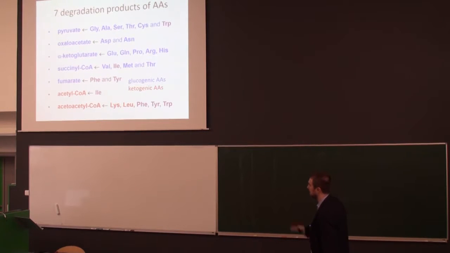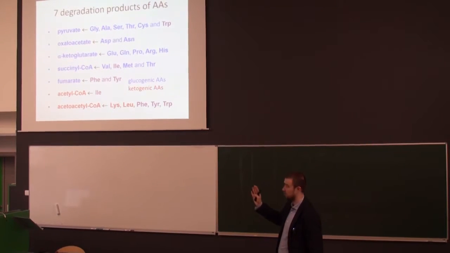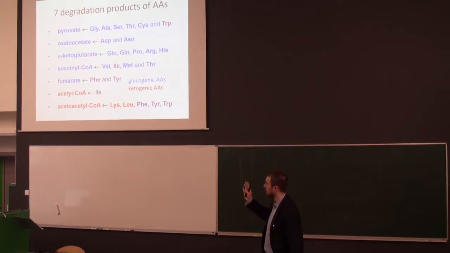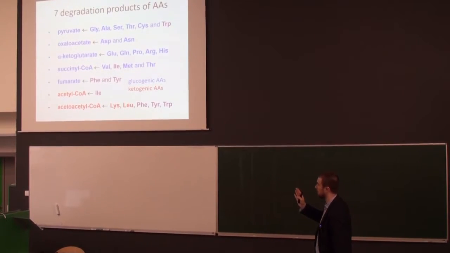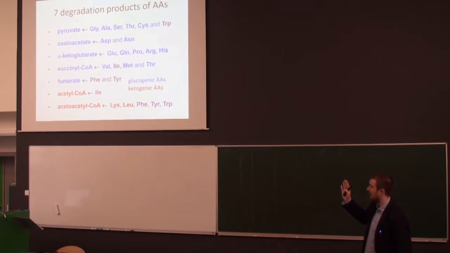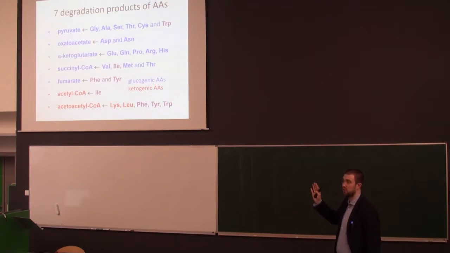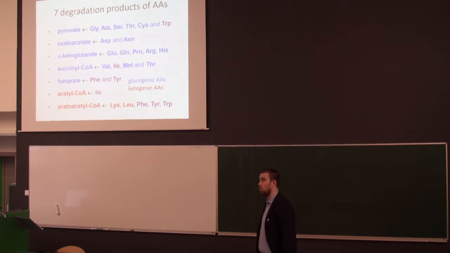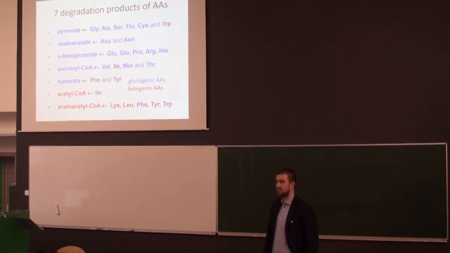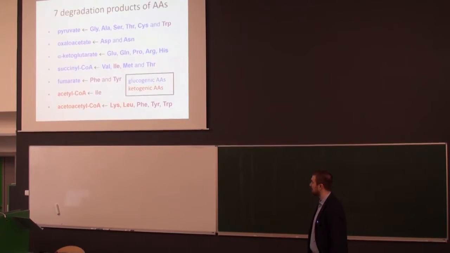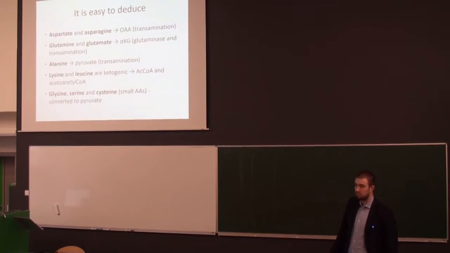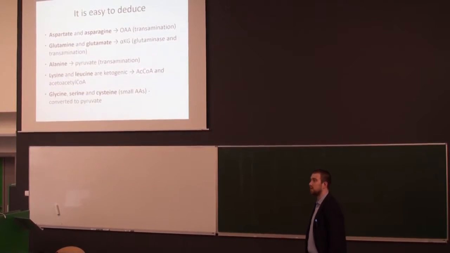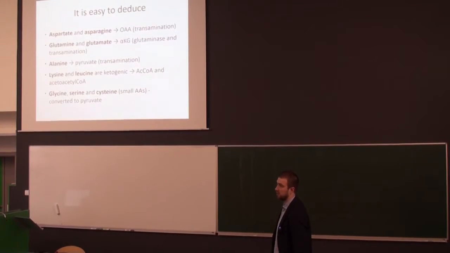Here you have some simplification with no enzymes, but only with the name of the intermediate and the abbreviation of the amino acid, plus the color, what group of amino acid it represents. You can, of course, learn it if you want, but it won't be the main topic of the test.